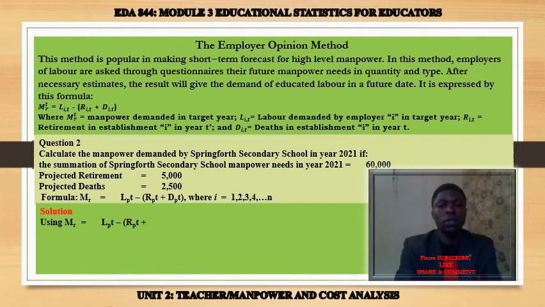So we use the formula here, where this is given already. We have explained that. All we need to do is to substitute the facts that are given in this question into our formula. We have L to be equal to 60,000, the retirement 5,000, and the death 2,500. Now let's do that quickly.